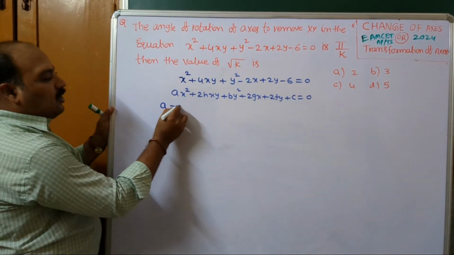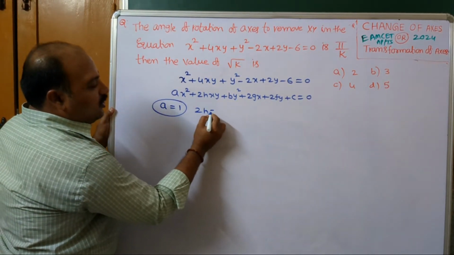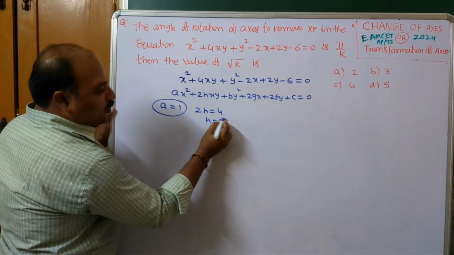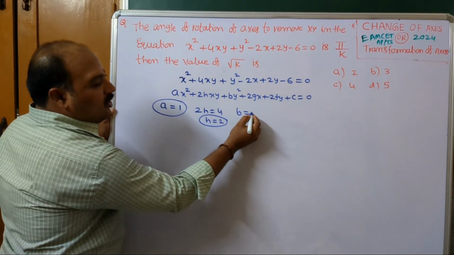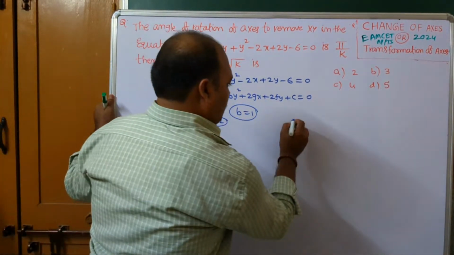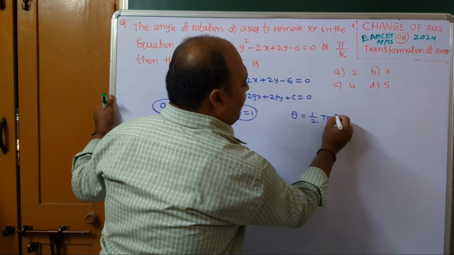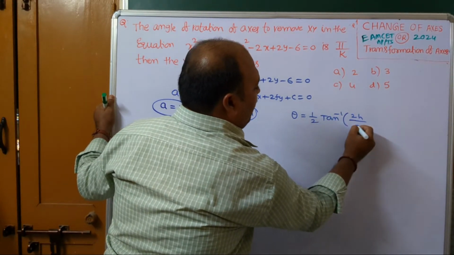So a equal to 1, compare the x square coefficients. 2h is equal to 4, h is equal to 2, b is equal to 1. I want only a, b, h values. Theta equal to half into tan inverse of 2h by a minus b.